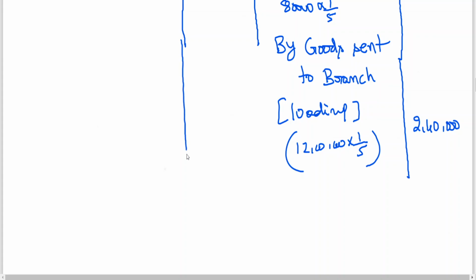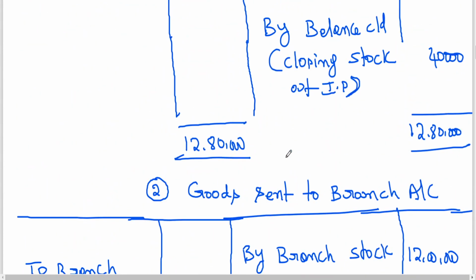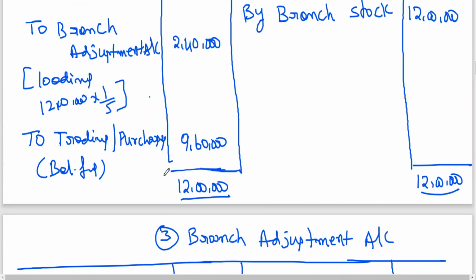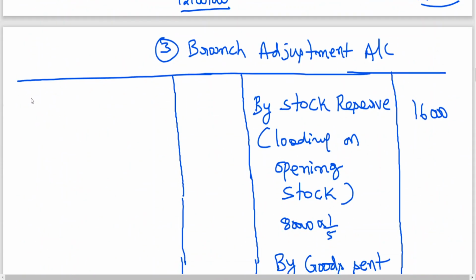Next, we have to go for loading on loss in transit. 3 items we are having on the credit side: loading on loss in transit, loading on pilferage, or both can be taken and treated as abnormal loss.